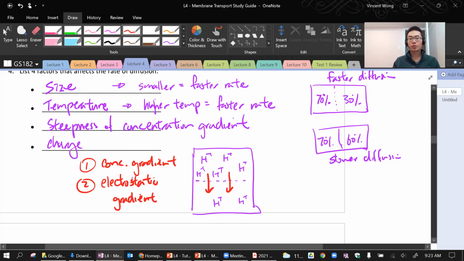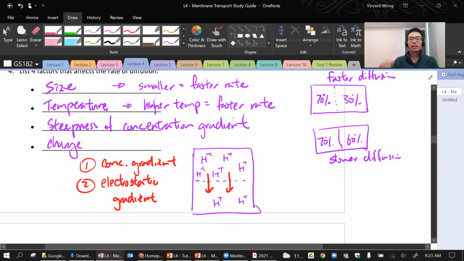Okay. Like charges repel each other. So if you have a bunch of positive charges very close to each other, they would push each other away. And that creates a force that would help move the H plus from one side to the other. Okay. But here's the thing, right? As time goes on, as the H plus gets pushed towards the bottom here, then you would build up a positive charge here as well.